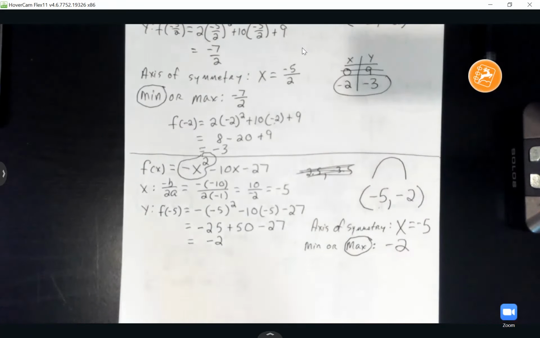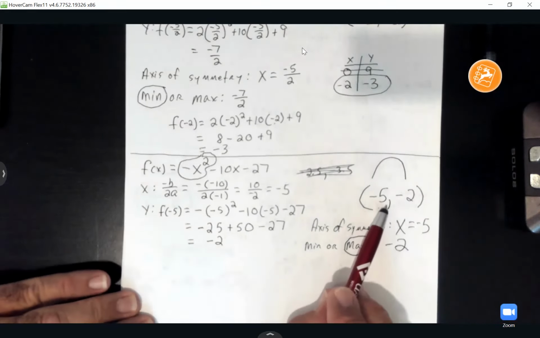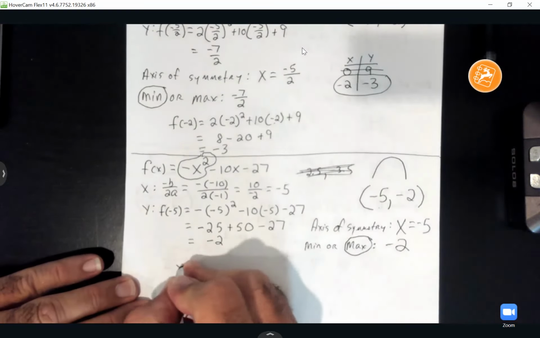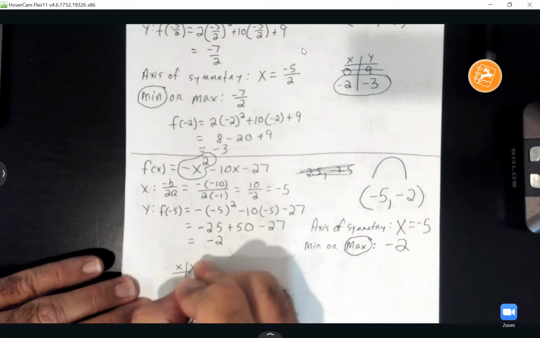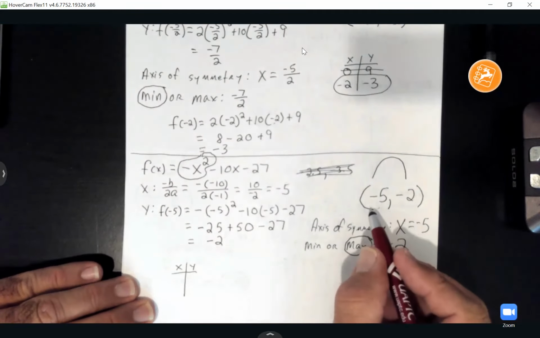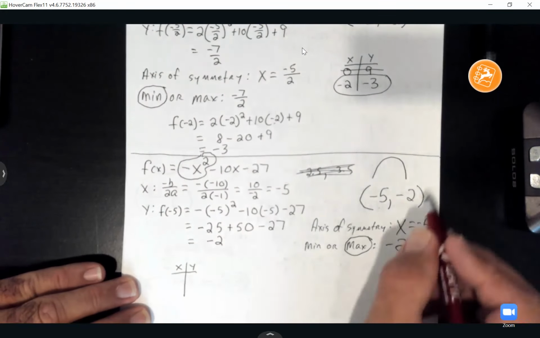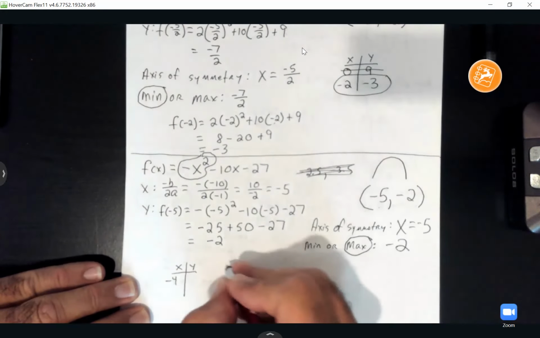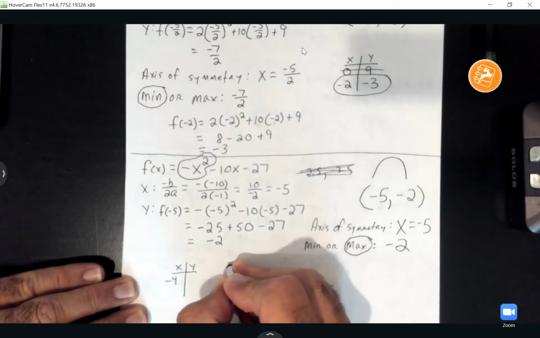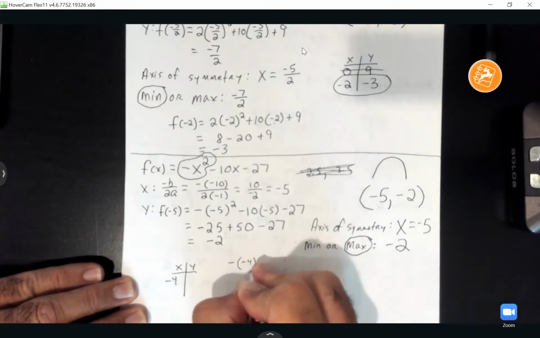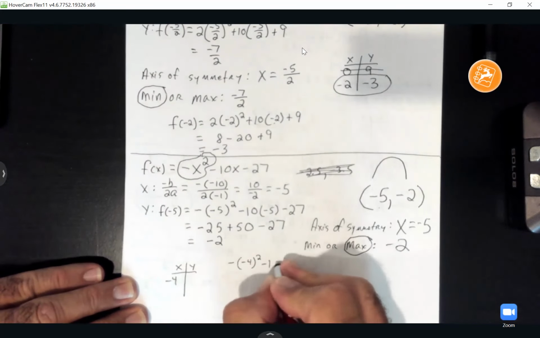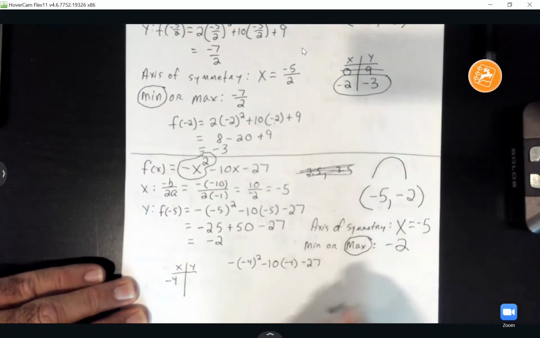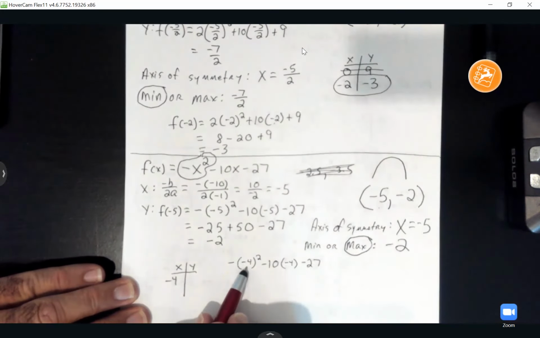Okay, on y'all, that in the same way. First point I would plot would be -5, -2. And then my second point, I would probably come in and use either a -4 or a -6. And I want to get close to that. So let me use a -4. So -4 would give me a negative times -4 squared minus 10 times -4 minus 27. -4 squared is 16.